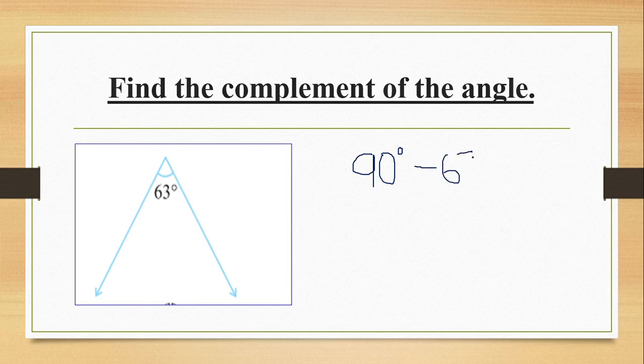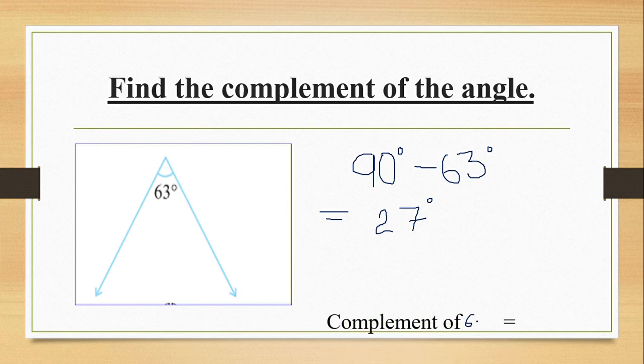Let's see what the complement of 63 is, because the sum is 90-degree. If we subtract 63 from 90, we get 27-degree. That means the complement of 63-degree is 27-degree. Okay, students? So you just match your answer with mine.